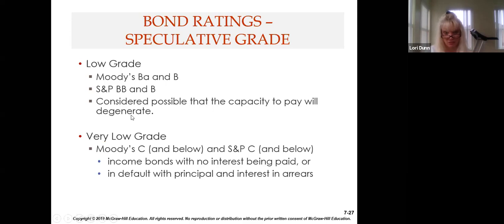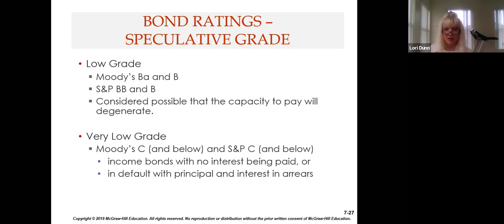So now you're getting into very risky. And then very low grade, Moody's C and below, S&P C and below. These are what we call income bonds with no interest being paid, or you're going to be in default. These bonds are already in default and they haven't been paying interest. Interest in arrears means they have missed interest payments on these bonds.